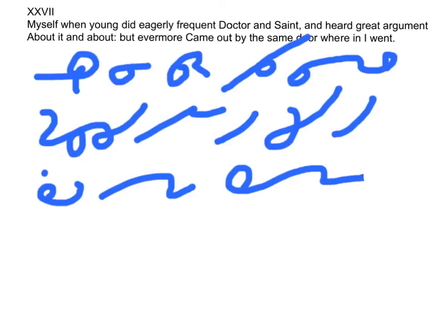MI and S is myself. EN is when. EU, and then this jag down, it's not an N, it's at an angle, NG. DID. Eagerly. The LY is just written as an E. Frequent.